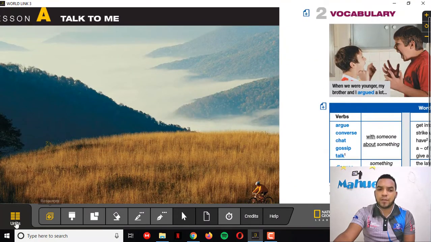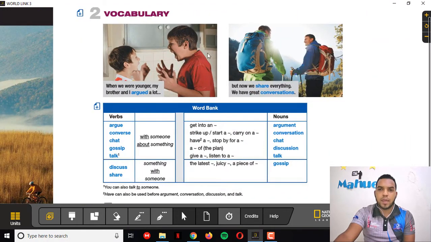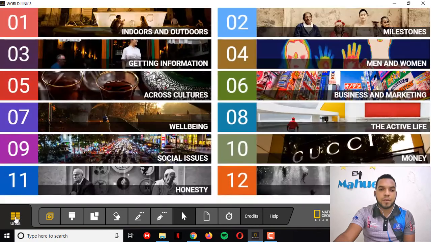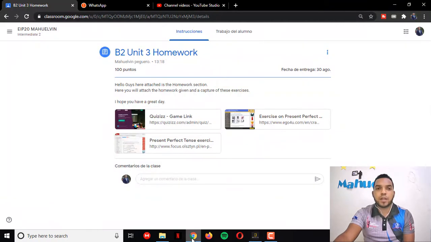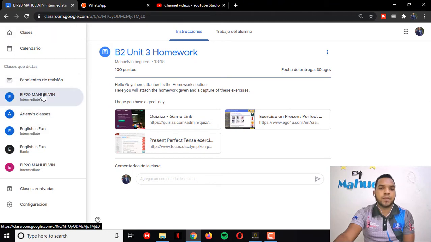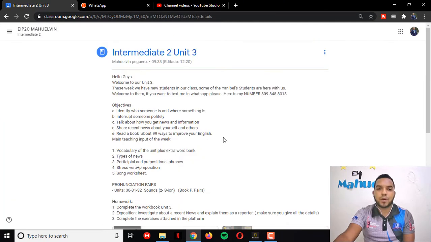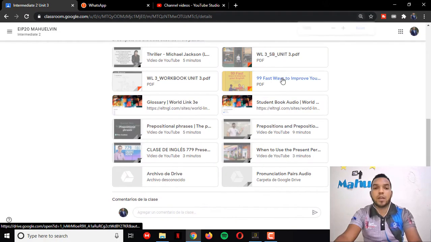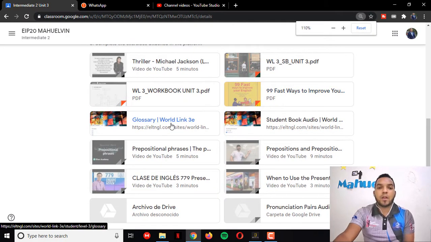Let's take a look at the vocabulary. As you see in this part over here, there are some of them. For the new students, in the material I also attach the glossary.